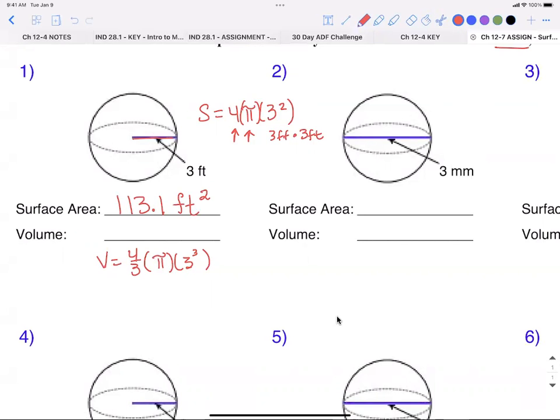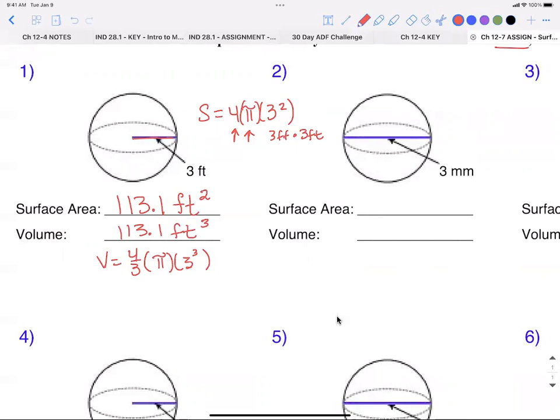339.3. What? Wait a minute. Try to punch it in again and see if you get something different. Lakin, what'd you get? 13. Yup. Feet what? Feet cubed. Yes. 63.61. Try to punch it in again.